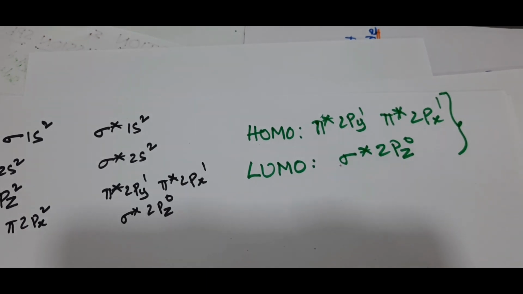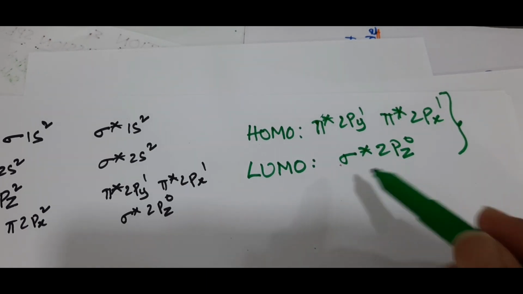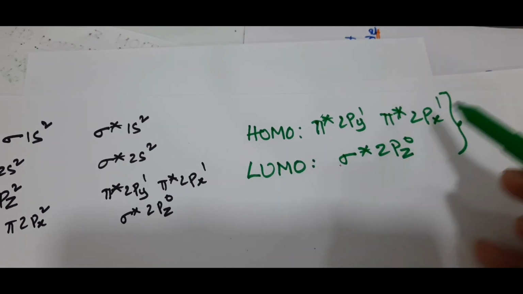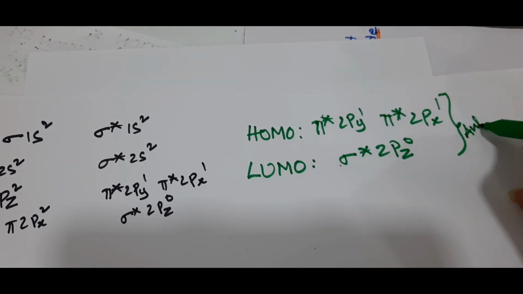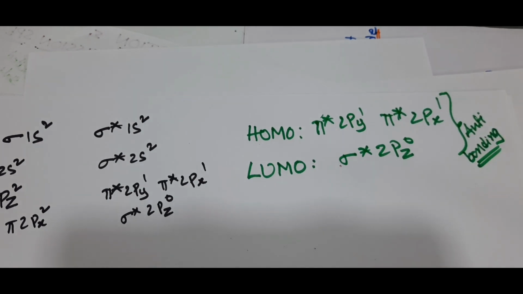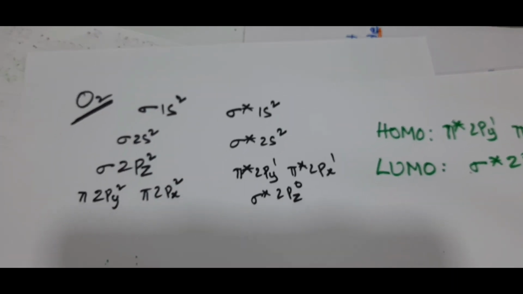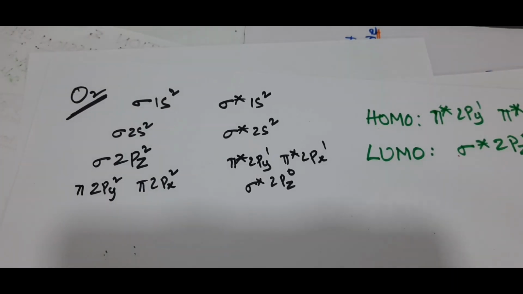Here both the HOMO and LUMO are anti-bonding, that you remember, right? Now we are going to explain molecule wise.